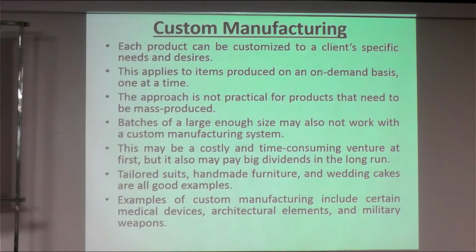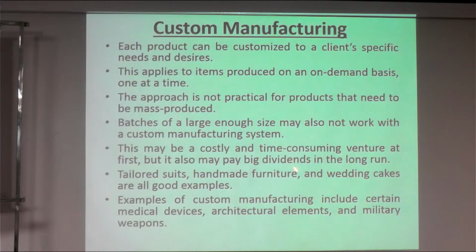Each product can be customized to a client specific need and desire. This applies to items produced on an on-demand basis or one at a time. The approach is not practical for products that need to be mass produced. Batches of large enough size may also not work with a custom manufacturing system.